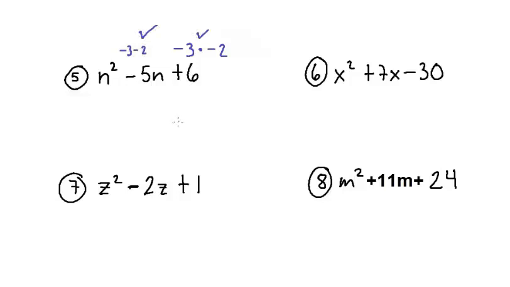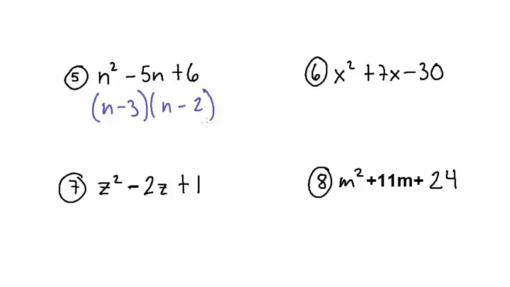So it works if both of them are negative. In this case, the answer will be n minus 3 and n minus 2. Because -3 times -2 gives you 6, and -3 minus 2 gives you -5. Yes? 3 times 2, 6. -3 minus 2, -5.